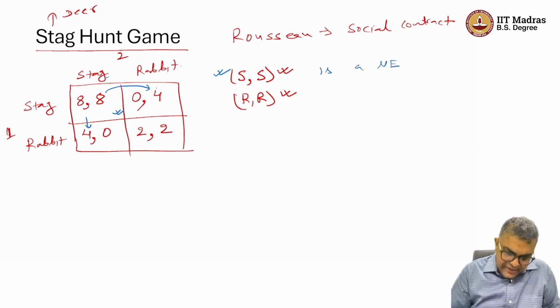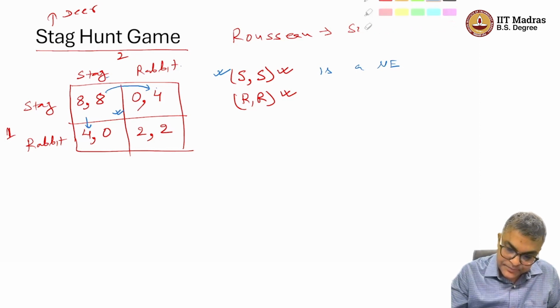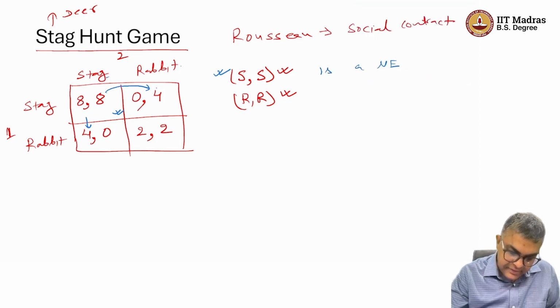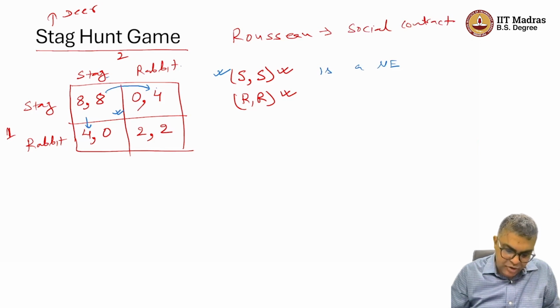Now the second is RR. RR doesn't look so promising. In stag they are getting 8 and 8, but in RR, rabbit, they are getting just 2. But let us check. Can player 1 be better off by deviating?